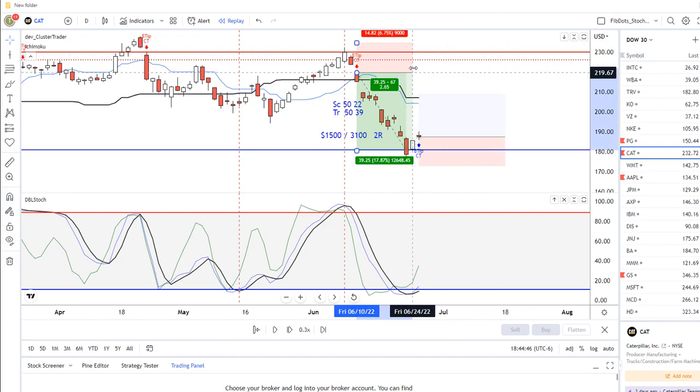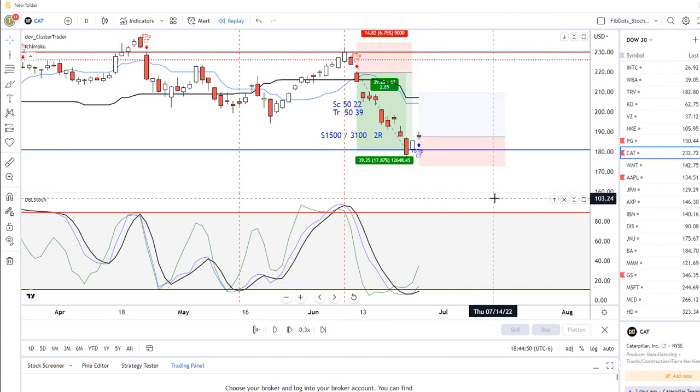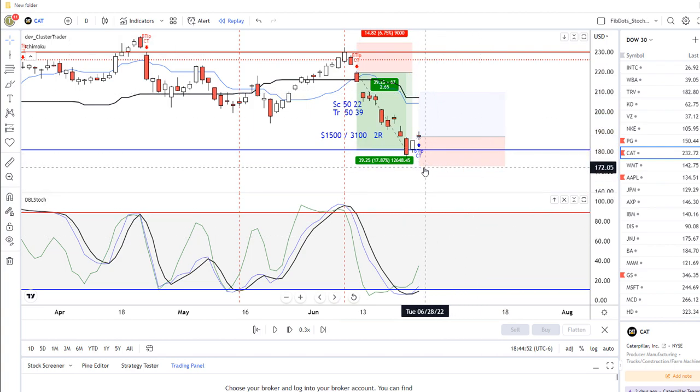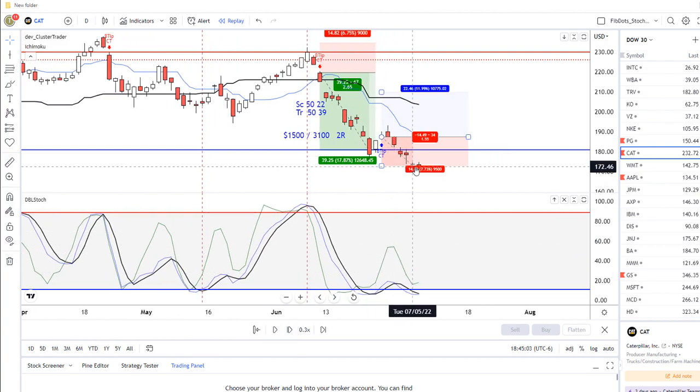Let's move this sell signal over. There we go. And there's our 1.5 target. Okay, so if we go below here, we get stopped out. If we go up here first, 1.5R, and then we wait for the balance. And here we go. Stopped out. Okay, so here we would record this one as 100 contracts, and we got long at 187.16.